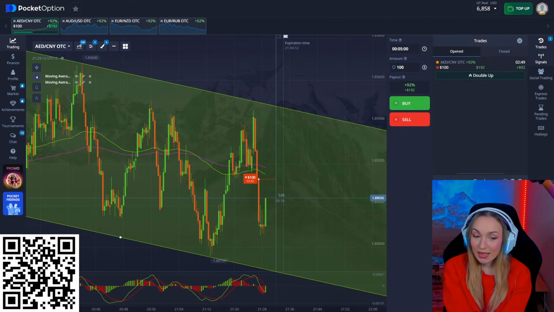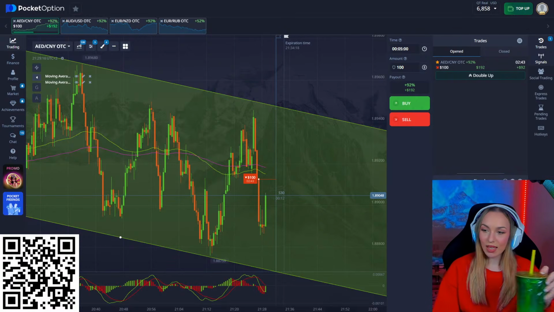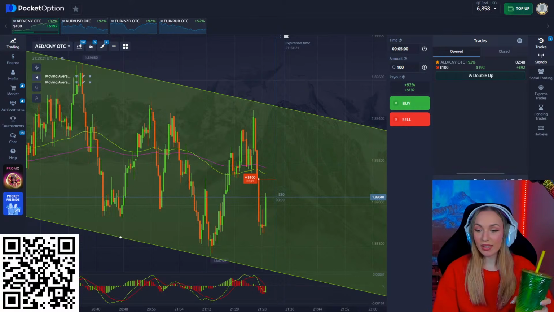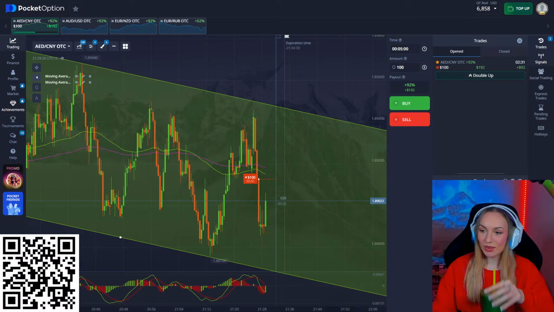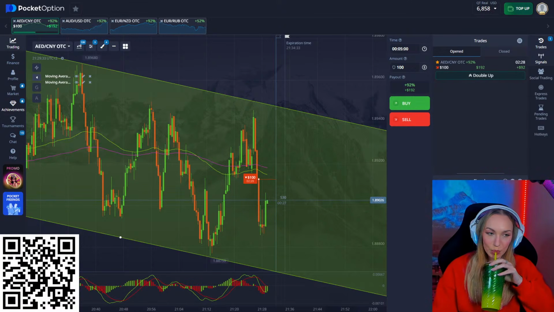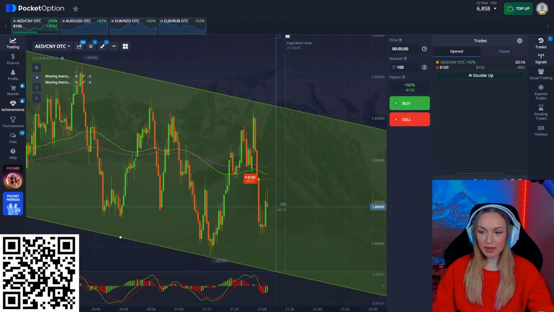And we have 3 more minutes, and it feels like the price goes up, but okay, we're just waiting. Would love to finish the stream with a perfect and beautiful last trade, but we will see how it goes. Well, it didn't touch actually the support yet, so I believe that it needs to go lower.